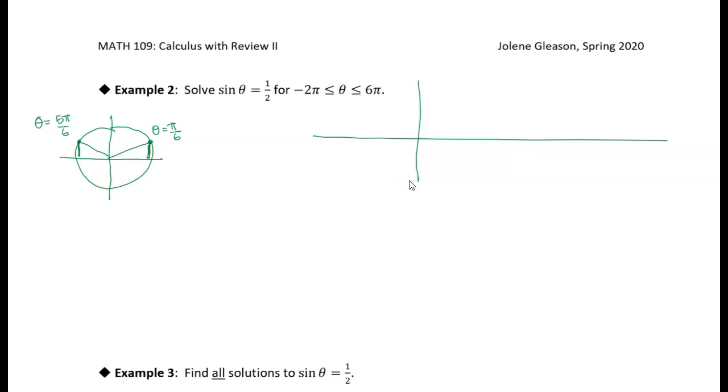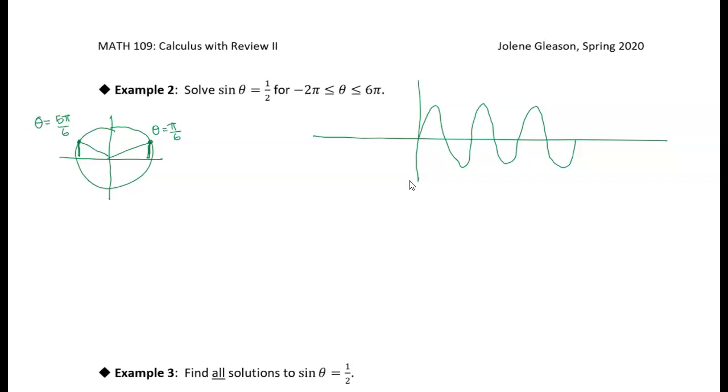But you can see that the period of sine is pi over 2. So if I want to go all the way to 6 pi, I'm going to have 3 cycles, right? I'm going to have 1, and then 2, it's going to be a little wobbly, and 3. Okay.